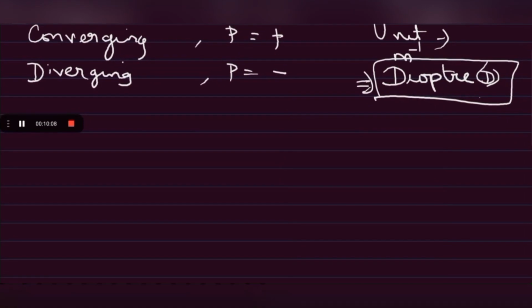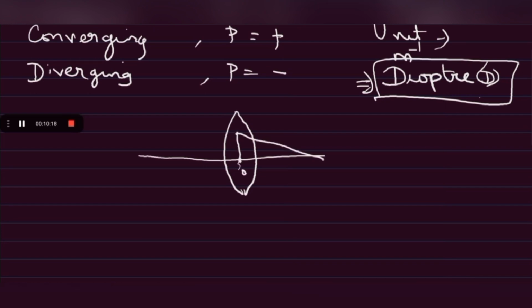For a small understanding, see this diagram where this is your convex lens and the principal axis I have drawn here. The object after refraction converges like this. This angle of convergence I am marking as delta, and the height of the object is h, and the distance from the optic center to where it converges is the focal length.